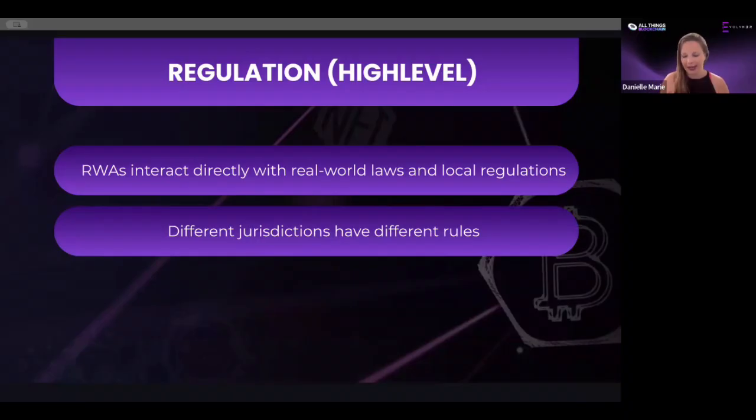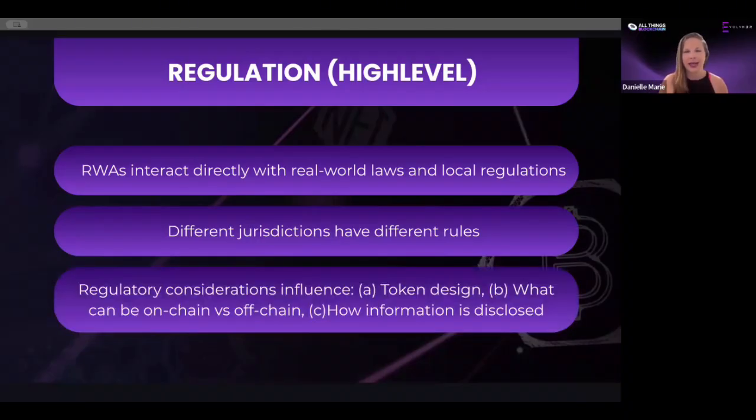So, wherever you're playing, there are lots of things to take into consideration: the token design, what information is on chain, off chain, what information can be disclosed. You've got GDPR in Europe.